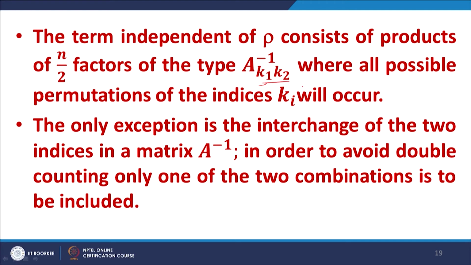K 1, K 2, K 1, K 3, K 1, K 4, K 1, K n, K 2, K 3, K 2, K 4 and so on, K 2, K n and so on. But remember, this is symmetric, K 1, K 2 is same as K 2, K 1. So, the net result is you get n by 2 terms which survive when there are n terms y k 1, y k 2, y k n in the integral sign.